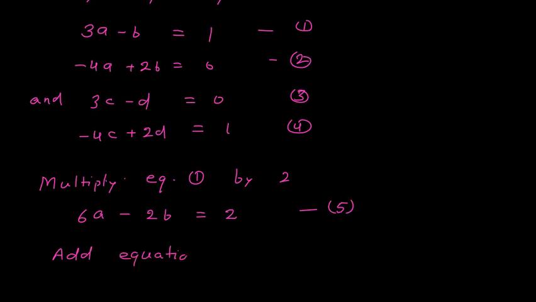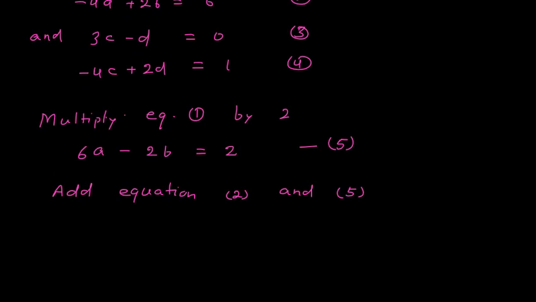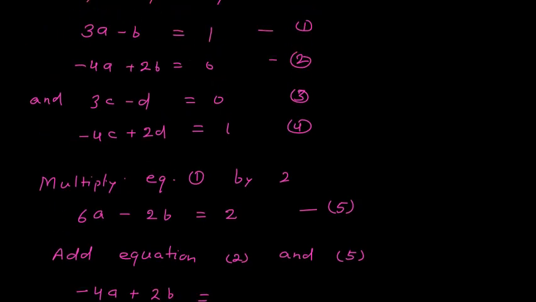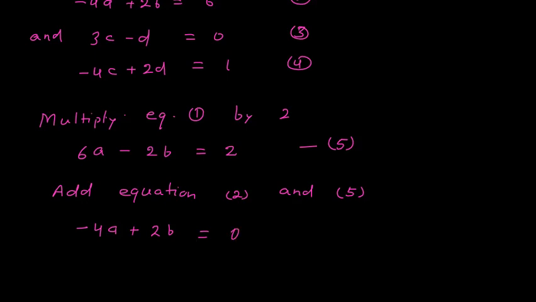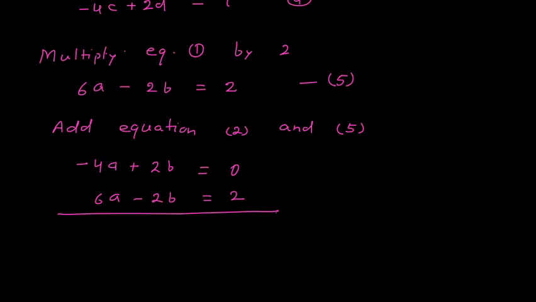Equation 2 is minus 4a plus 2b is equal to 0, and equation 5 is 6a minus 2b is equal to 2. When we add, 2b and minus 2b cancel, and we get 2a is equal to 2. Therefore a is equal to 1.